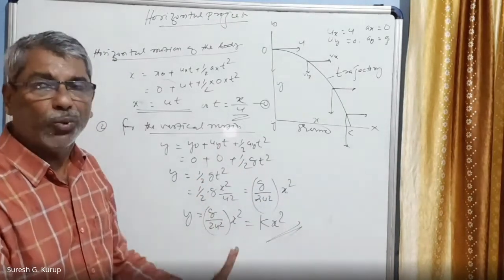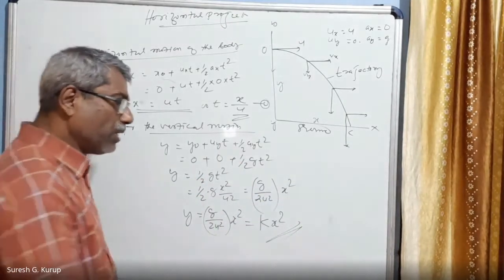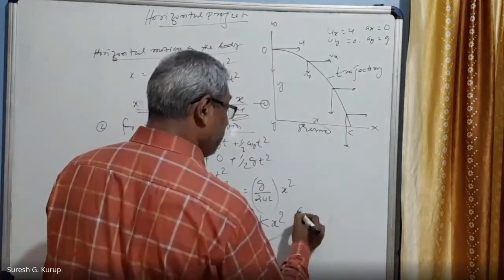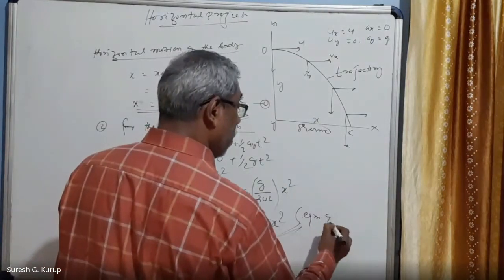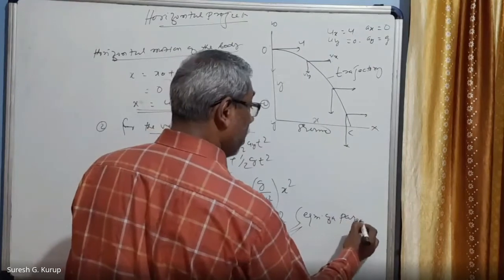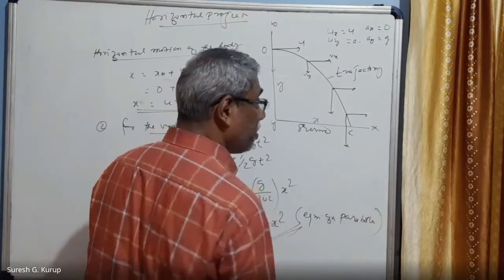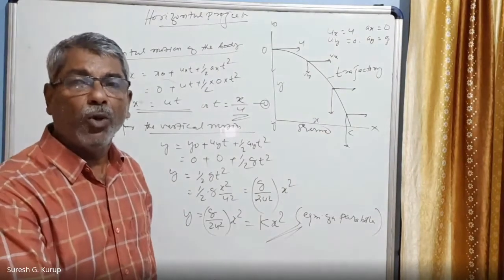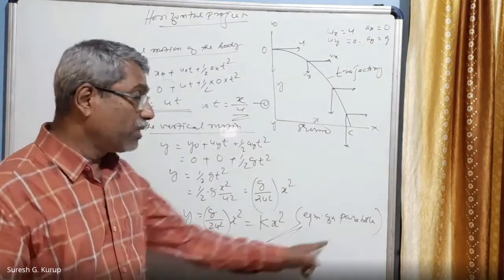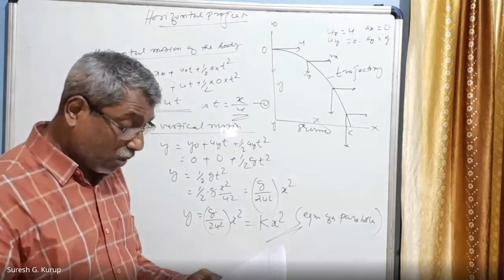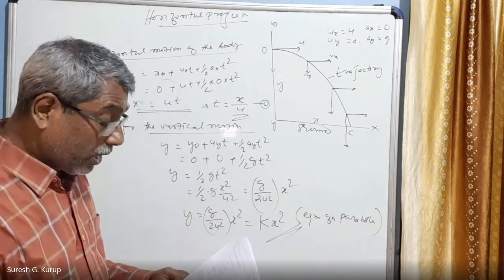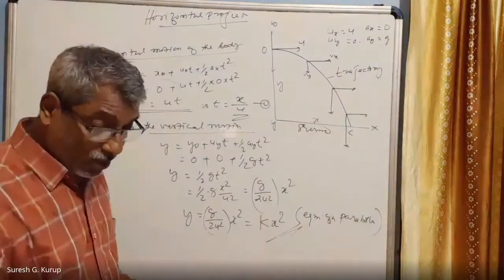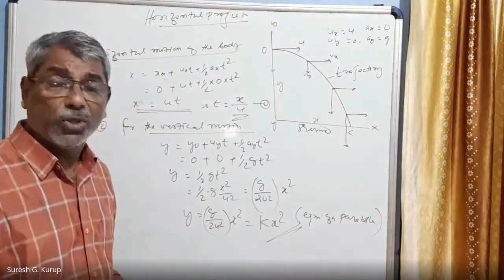Hence, this is the equation of a parabola. The trajectory of a horizontal projectile is found to be a parabola. So this is about the equation of a horizontal projectile.